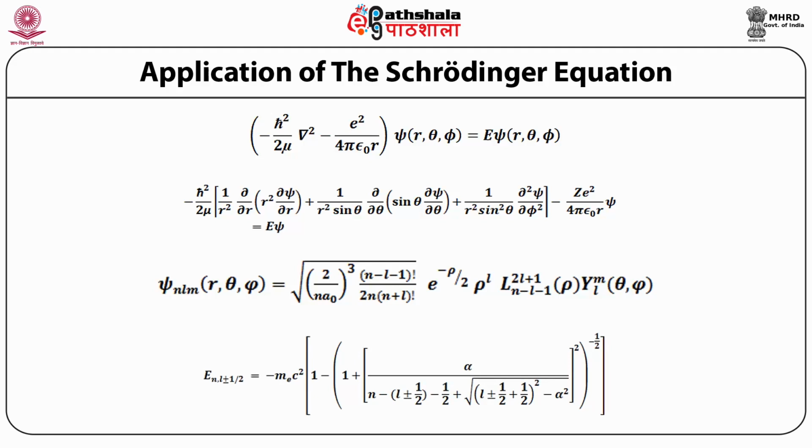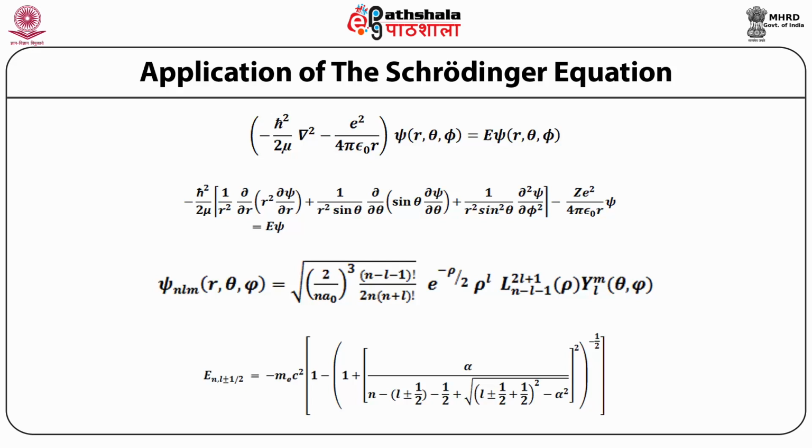So the corresponding energy eigenvalues, including the fine structure correction, are given by E_{nl±1/2} is equal to minus mec², the whole multiplied by 1 minus, small bracket, 1 plus, square bracket, of α by n minus (l ± 1/2) plus square root of (l ± 1/2 plus 1/2)² minus α², bracket close to the power 2.